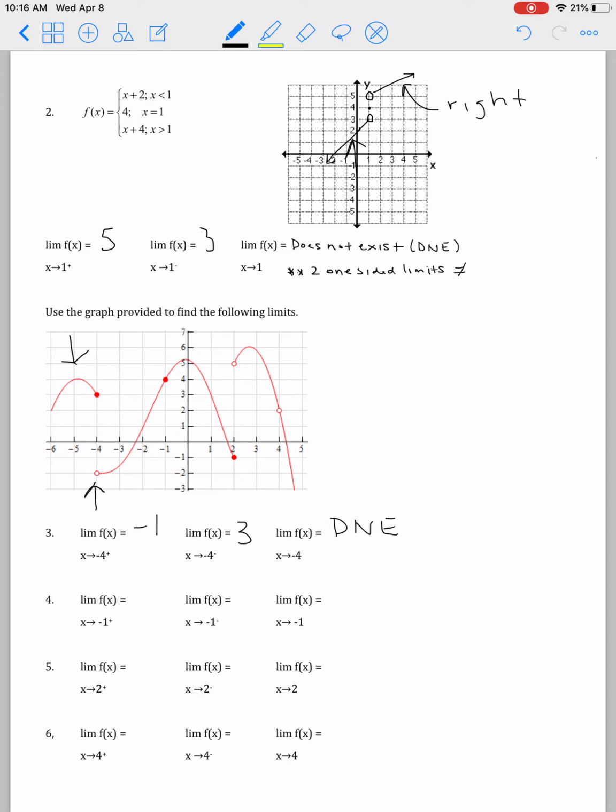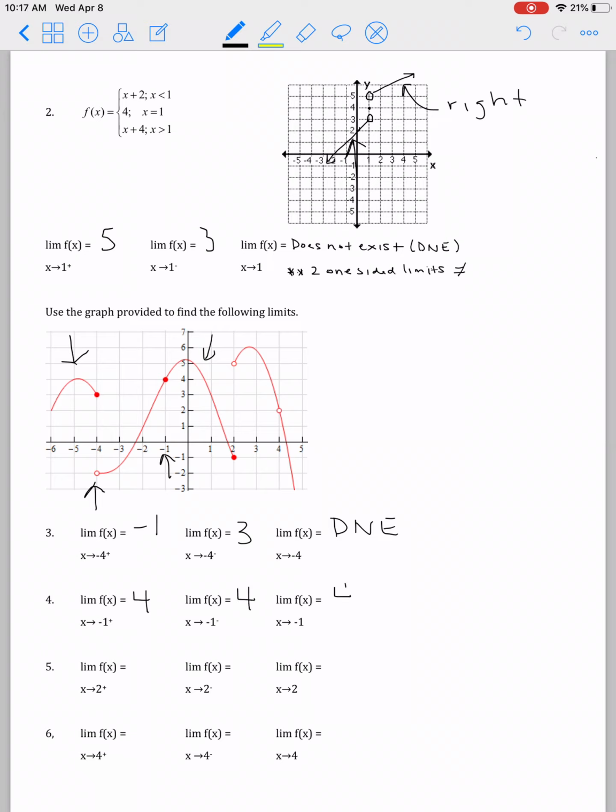Okay, now we're going to find -1. So here's -1. Find the right side of the graph, and as I'm coming in from the right, I'm following along. Once I hit the x value of -1, my y-coordinate is a 4. And when I come from the left side and come up to -1, that's a 4.